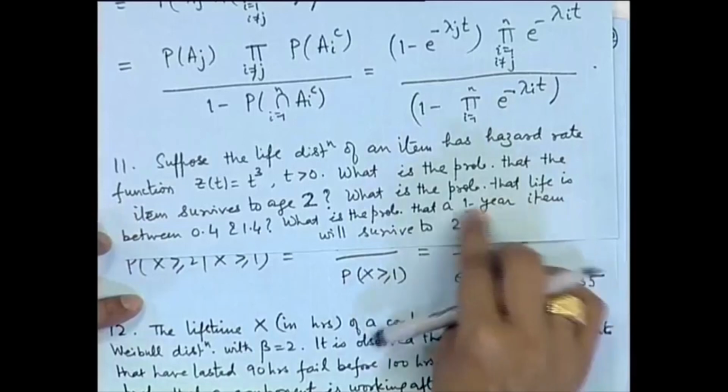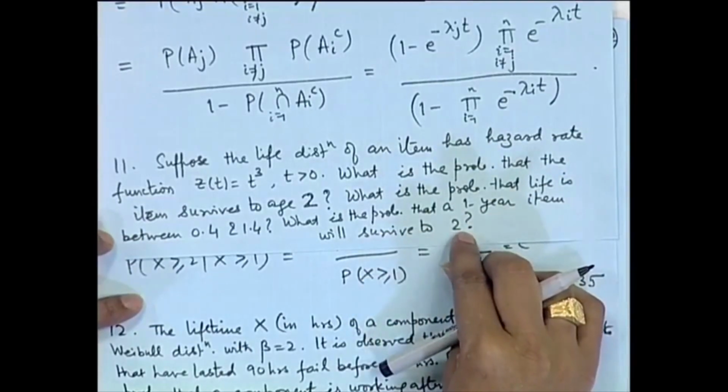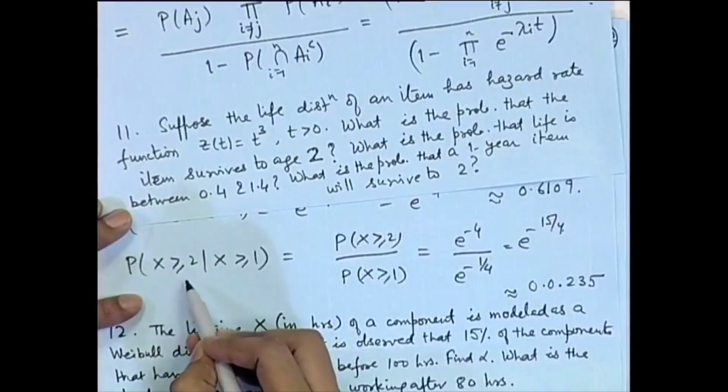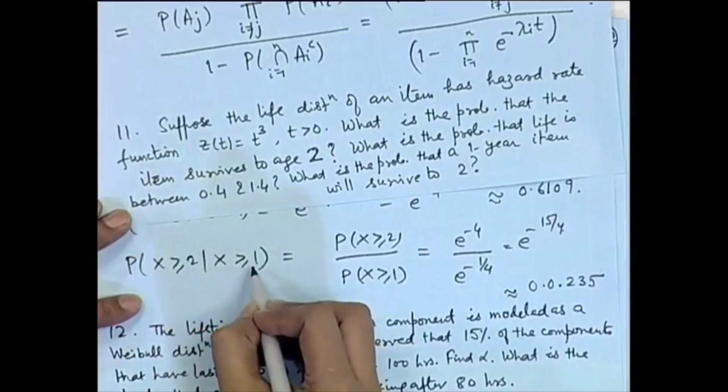What is the probability that a 1 year item will survive to age 2? That means, it is given that the item is working at age 1, what is the probability that it will work till age 2? So, it is the conditional probability of x greater than or equal to 2, given that x is greater than or equal to 1.